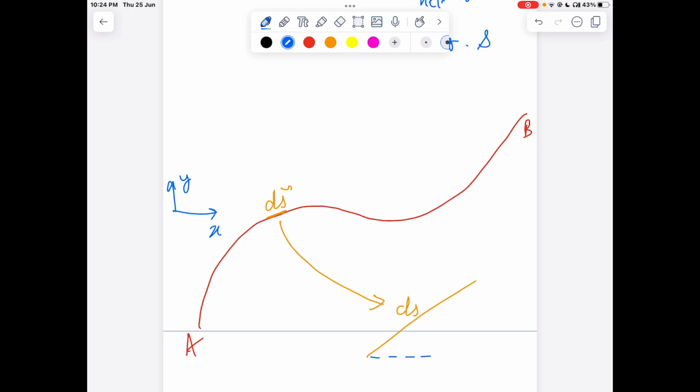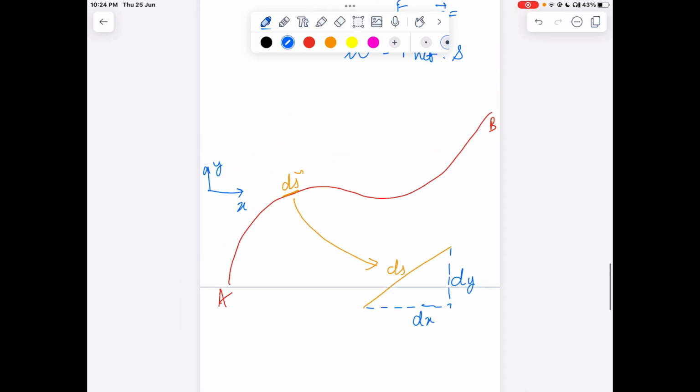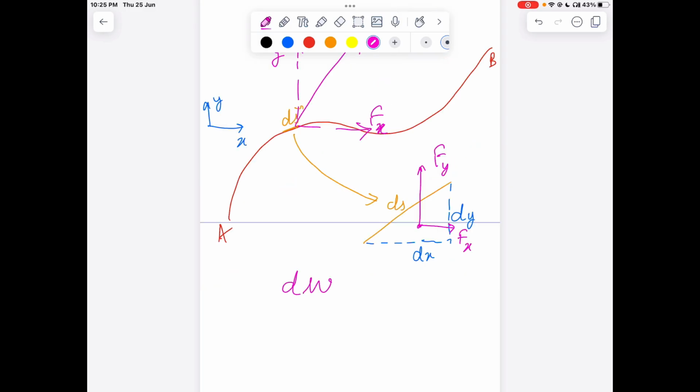So this would be dy and dx, right? So then the force acting at this point is, let's say, F, which is Fy in the upwards direction and Fx in the x direction. dW for the displacement ds would be Fx dx plus Fy dy.